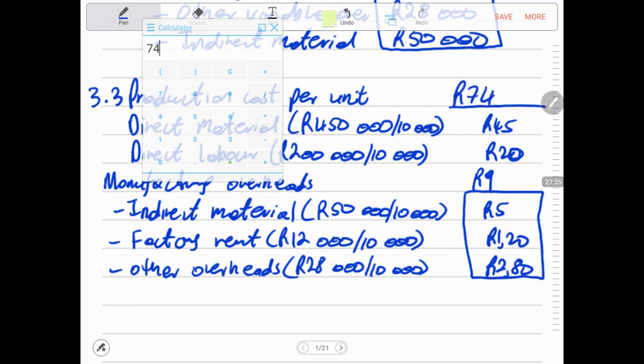Some people prefer to write there and say production cost per unit.